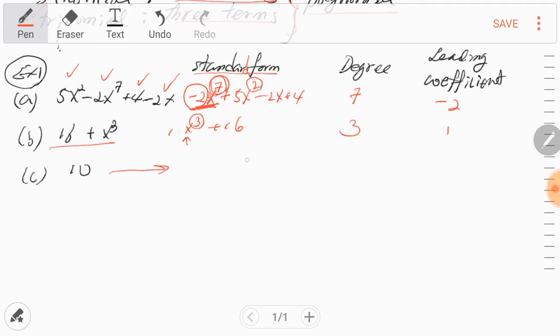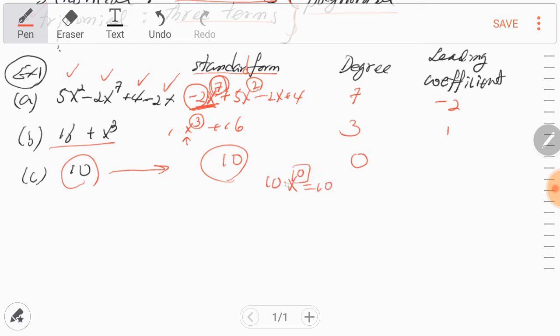How about this? For the standard form, there's only one term, so write just the number 10. The degree of a constant is 0, because 10 times x to the 0 power is equal to 10.